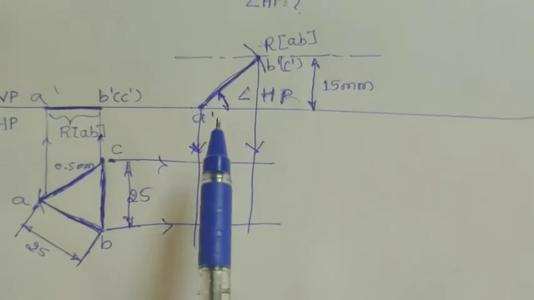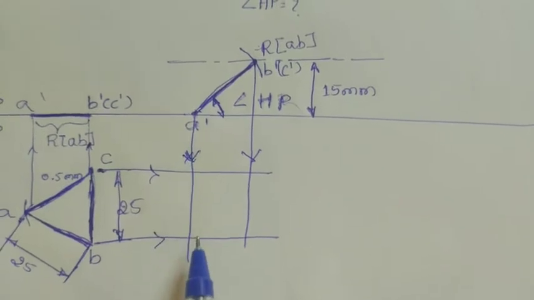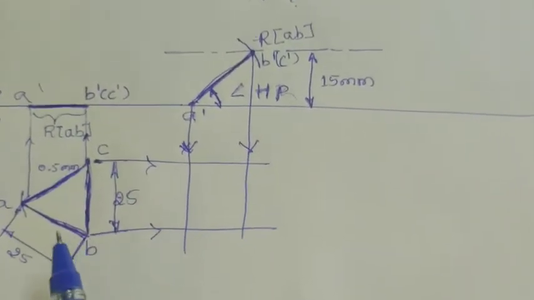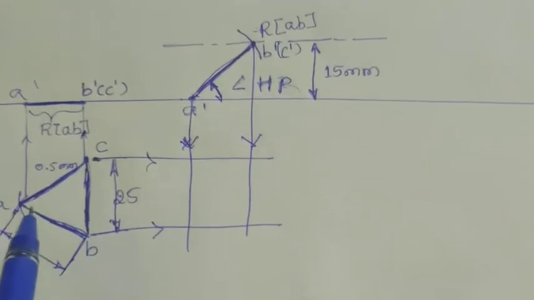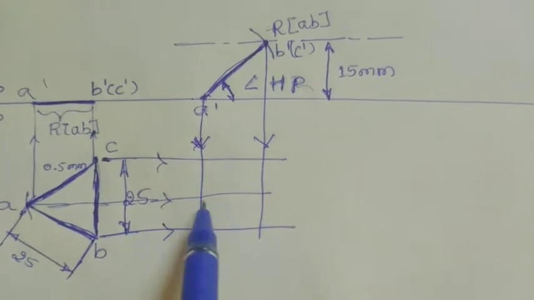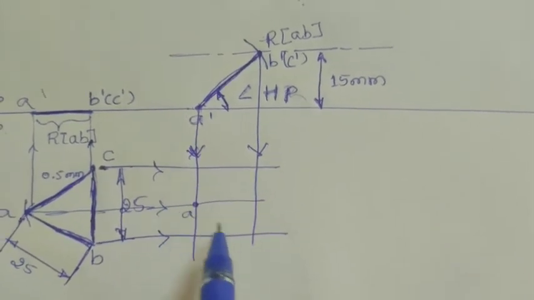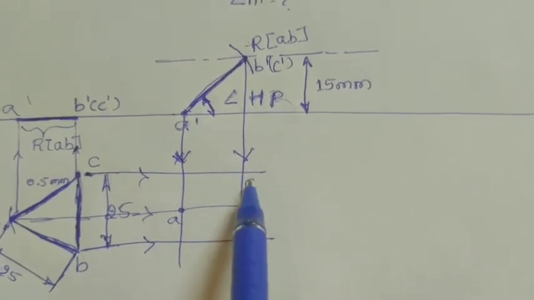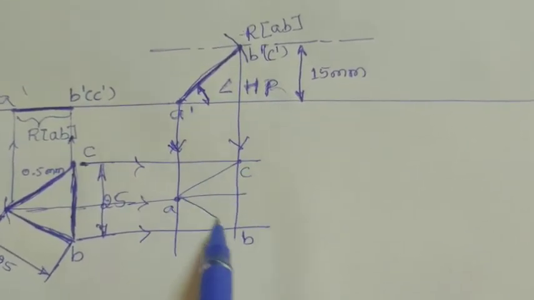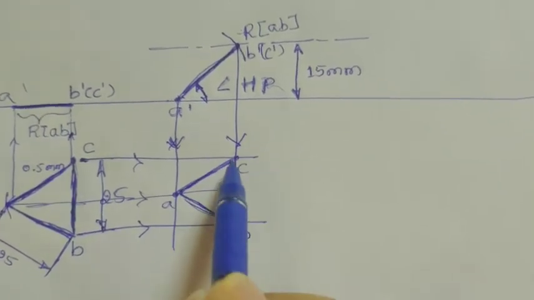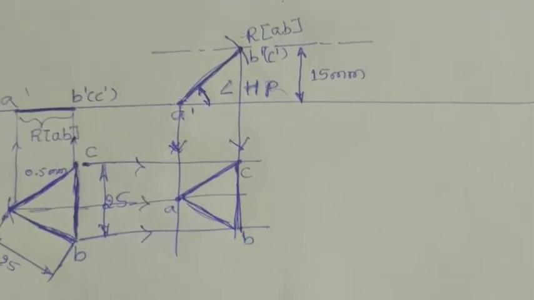Once it is done, we are going to draw thin diagonal projection lines from A dash and B dash and C dash, and also from ABC we are going to draw rightward projection lines. Here we are going to get point A, then after that point B, then point C, then join them. And as it is top view, this also should be made thick.